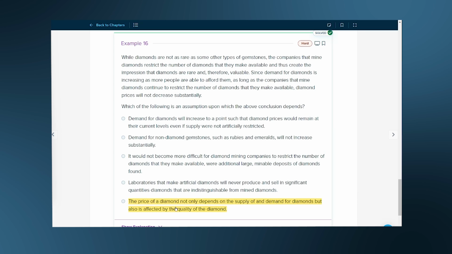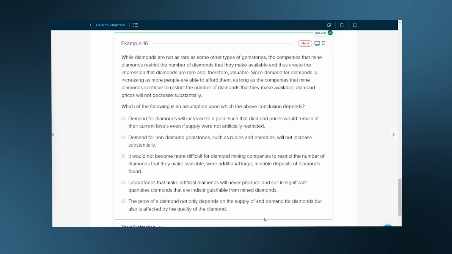It is also a good chance to more clearly illustrate a trick I've been using for testing assumptions. If this was true, could the argument hold? So if the price of a diamond not only depends on the supply of and demand for diamonds, but also is affected by the quality of the diamond, could this conclusion be true? Yes.